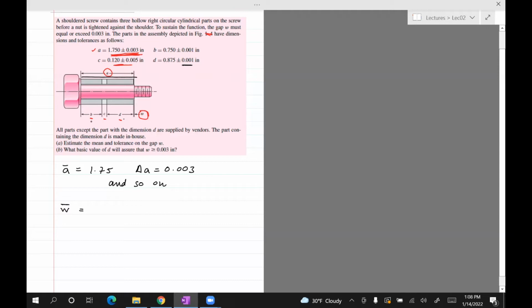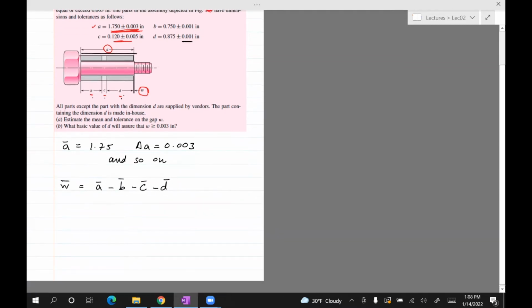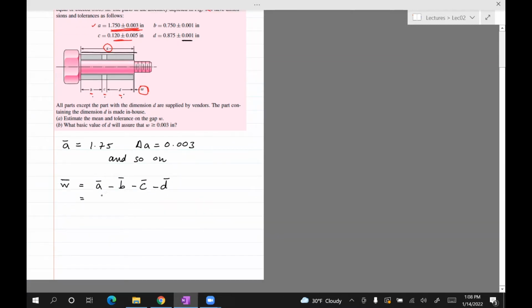Because A equals B plus C plus D plus W. So in order to get W, I need to do A minus B minus C minus D. And I can just sub in now 1.75, 0.75, 0.12 minus 0.875. And so if you do the math, you get 0.005 inch. Okay, so that's the nominal.